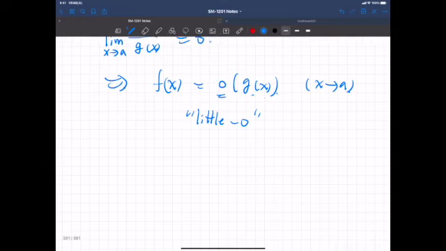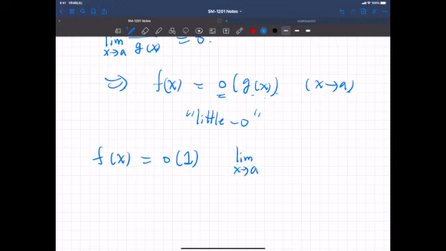Okay. For example, if f of x is little o of 1, what this means is this: the limit of f of x over 1, which is the limit of f of x, is 0.